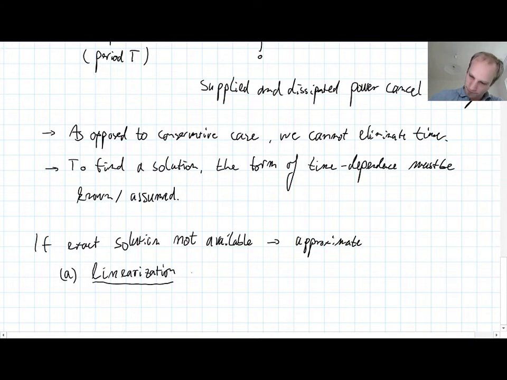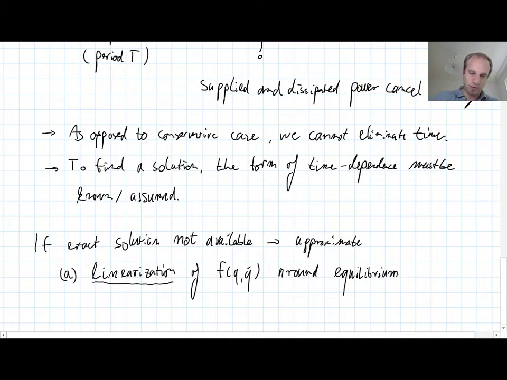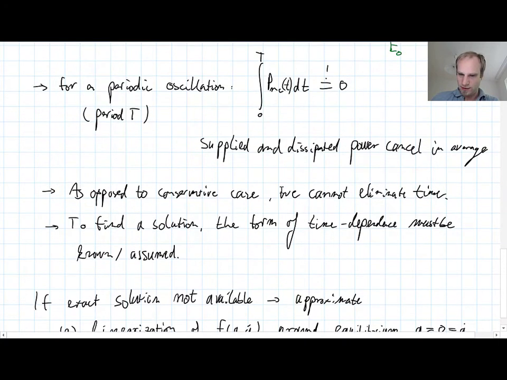Linearization of f(q, q dot) around the equilibrium position, and the equilibrium is still q equal to 0 and q dot equal to 0.